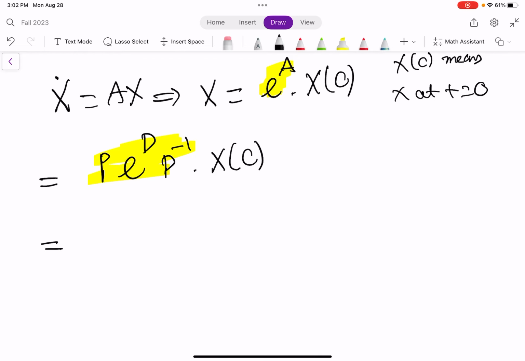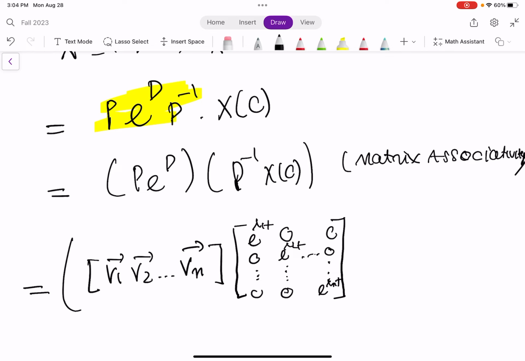So this is the matrix with e to the power of lambda 1 t, then 0, and then e to the power of lambda 2 t, 0, and all the way to 0, 0, e to the power of lambda n t. Okay, because remember, it is a function of t.